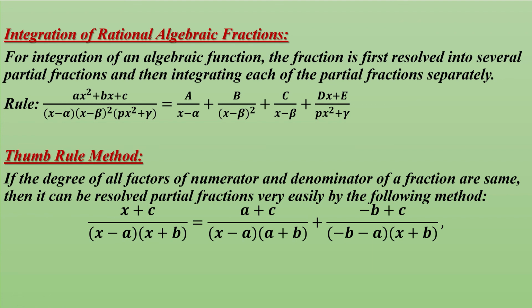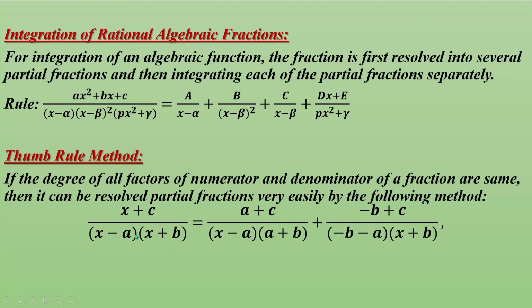Clear? So for solving this, at first we have to take x minus a fixed, then we have to let x minus a equal to 0, that means x is equal to a. So for all other x we have to put x equal to a. As a result, here will be a, also here will be a.